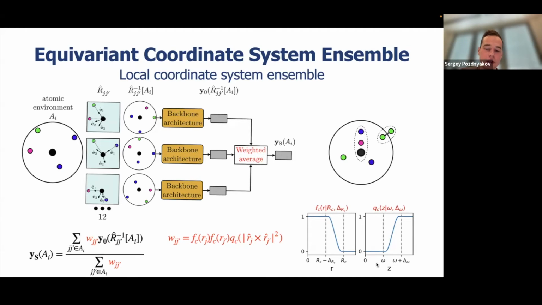On the horizontal axis, there is the vector product between two displacement vectors. If the vector product is 0 or close to 0, the weight is also 0. And we also do not face the necessity to define a coordinate system for this problematic pair of neighbors. So this concludes the definition of our symmetrization protocol.